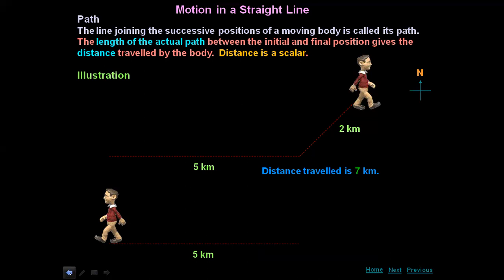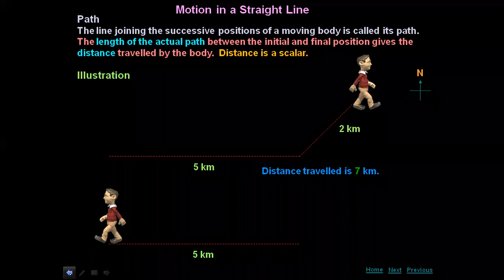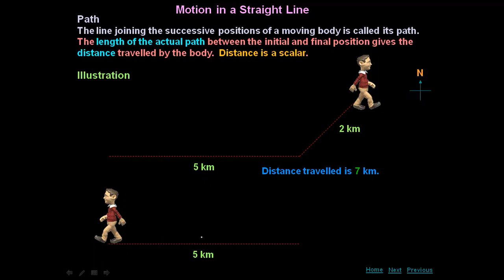Student: Sir, the total distance traveled is 10 kilometers. Yes, 10 kilometers. There is no importance of direction. 5 to the right side and 5 to the left side, and he comes back to his initial position. The total distance covered is 10 kilometers.